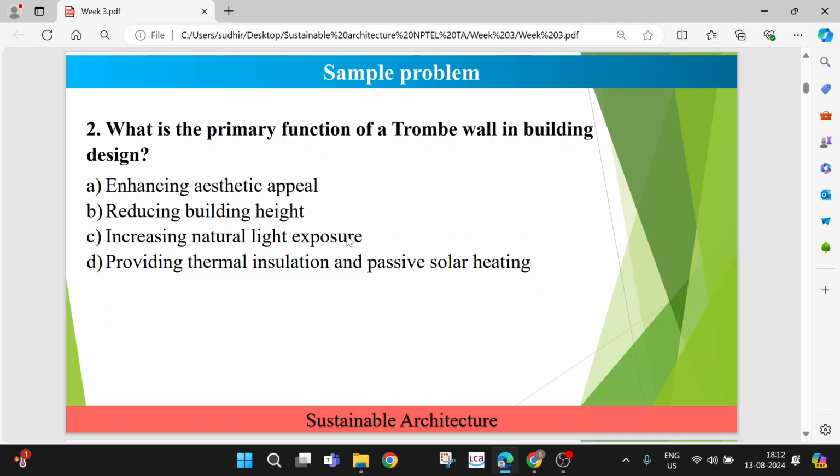It is just utilizing solar energy, so it can be called passive solar heating. And as I have already explained, by absorbing solar energy during the day and releasing it at night, the Trombe wall helps to maintain a stable indoor temperature, reducing the need for active heating. Fine.